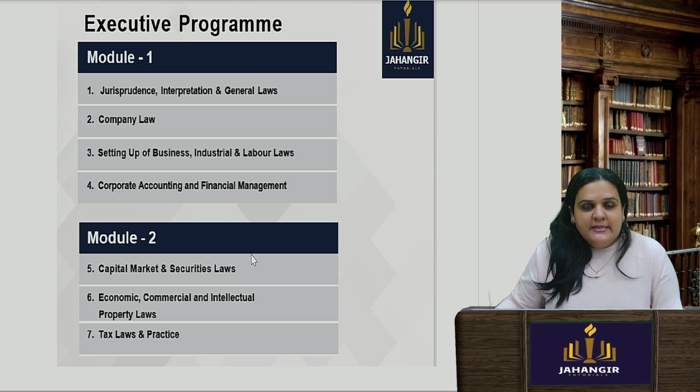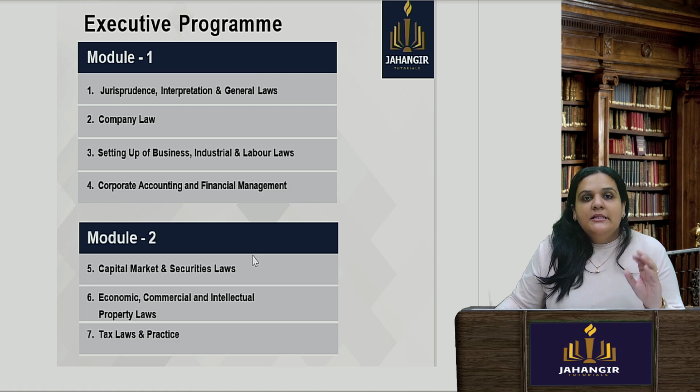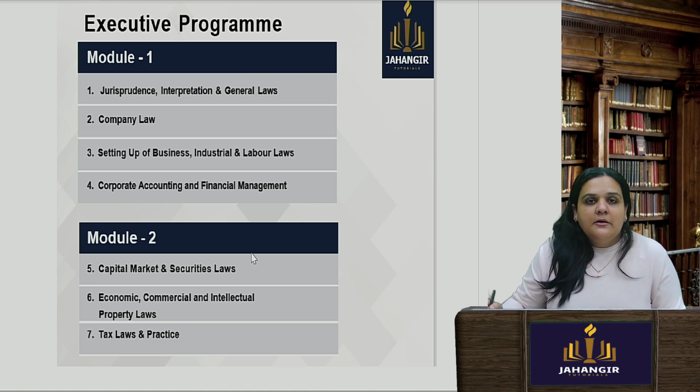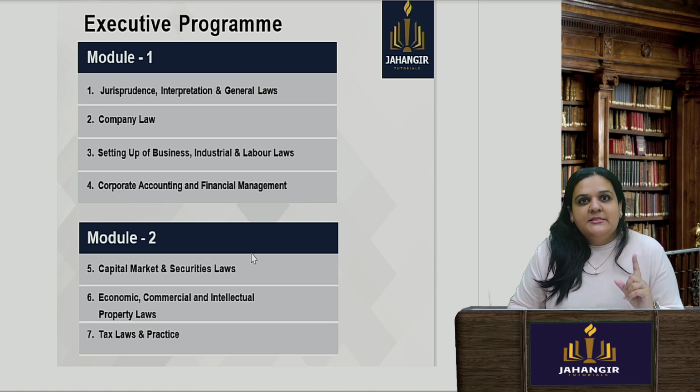Unlike your CSCET, which was all MCQs, these are all descriptive papers wherein you are going to write the exams. Properly written papers: 4 in the first module and 3 in the second module. You can choose to give both together or one group at a time.